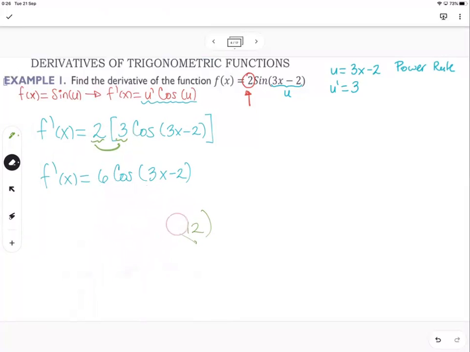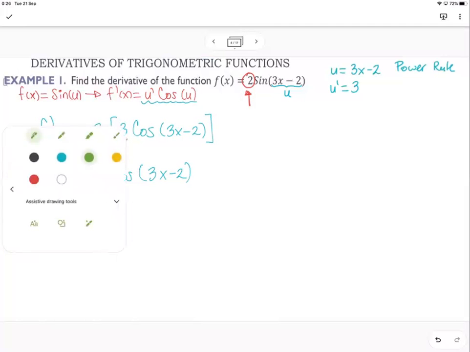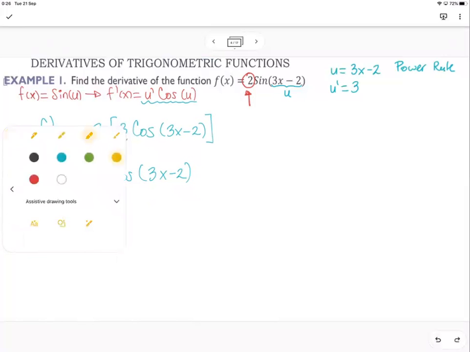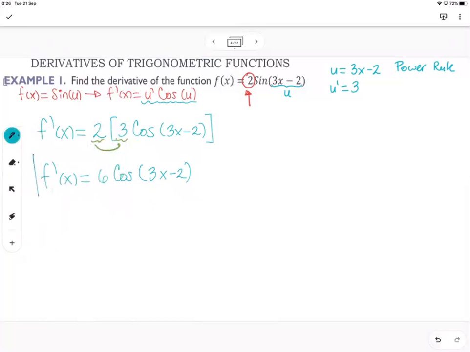The angle, as I told you, is a single piece with the trigonometric function. I mean, this is a single piece that you cannot split. Okay, so be careful with the algebraic mistakes. Okay, so that's the answer. There is nothing else we can do. We're done with it.